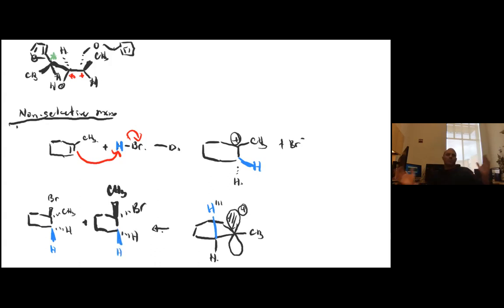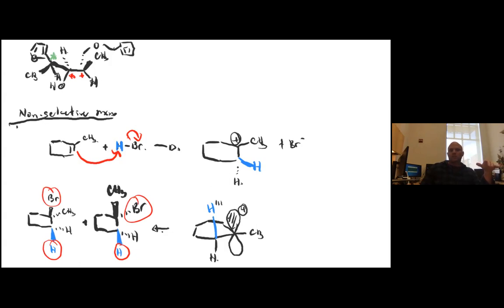And again, hypothetically, if I could color my atoms in HBr, we're going to color that hydrogen blue so we can follow it. Obviously, we can't in reality. But the point is that in one product, you've got bromine and the new hydrogen on the same side. In the other product, they're on the opposite side. And so this is what we would characterize as a non-selective addition to an alkene.